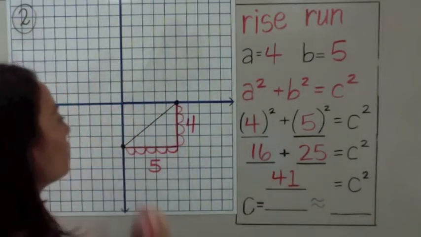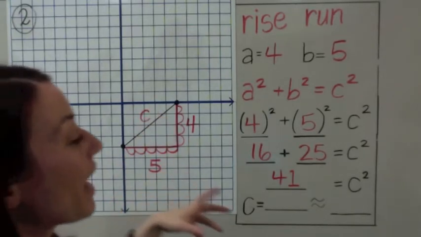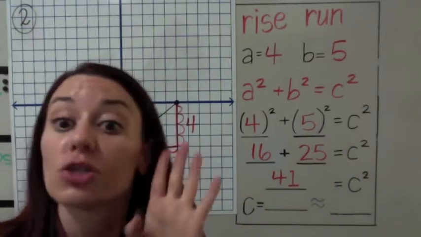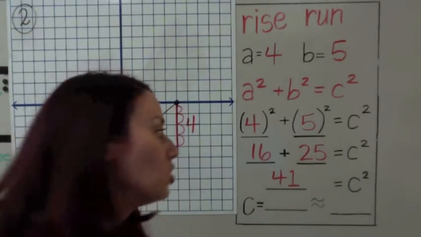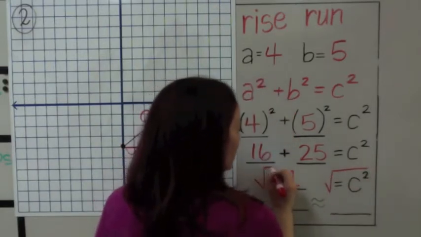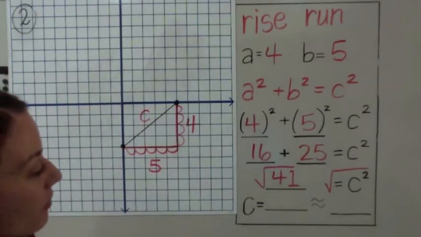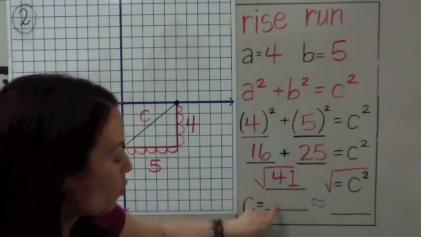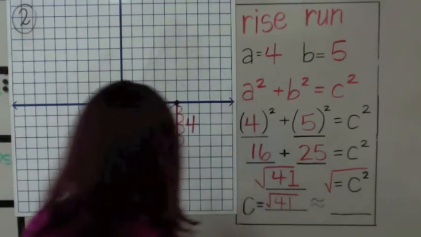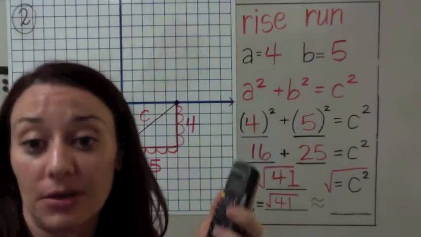Now you're looking for what c is, because this is a and this is b, right? So we have to undo this square. How do you undo a square? Say, square root. So you square root both sides, right, of the equation, the formula, and then you can write square root of 41 again, because that is more precise. But what I want you to do is know how to find a square root in your calculator.